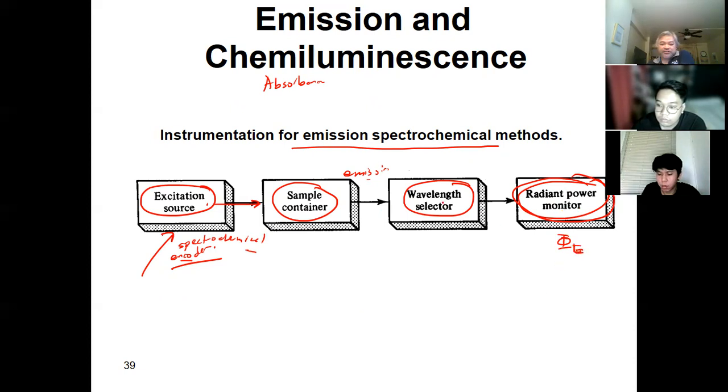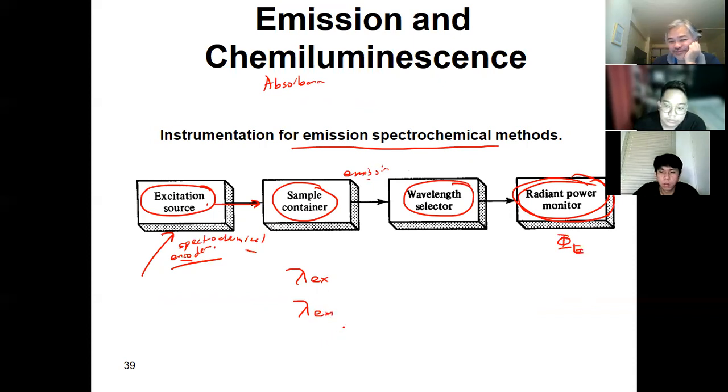So usually the way that you're going to do is you're going to collect it at a specific wavelength. What do you observe when you use spectropolarimeter? Dalawa yung lambda mo, di ba? Ano yung isang lambda? You have an excitation wavelength and emission wavelength.